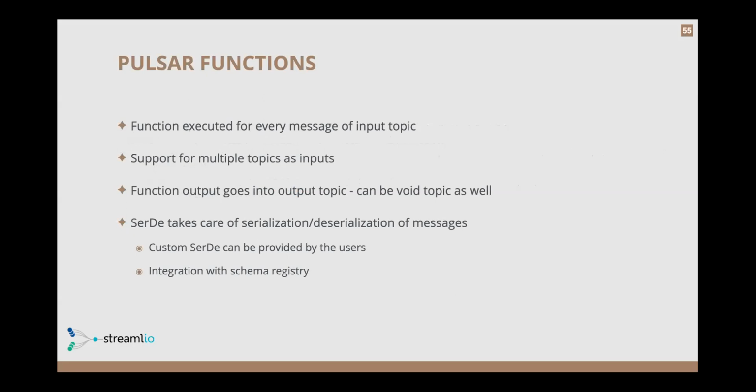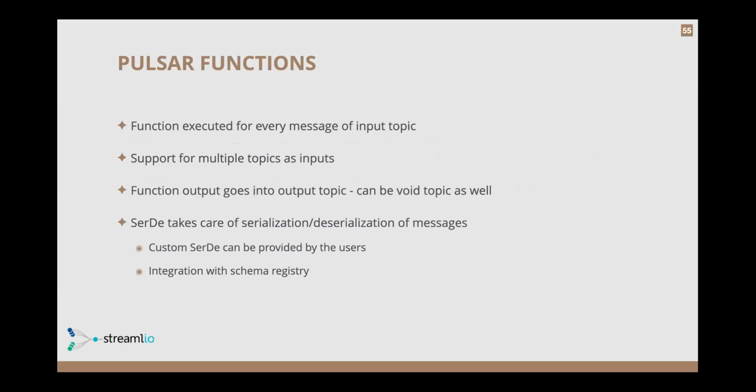So let's get into some of the semantics here. The function is executed, as I mentioned, on every message that gets in the topics individually. You can also have multiple input topics, so you can use a regex and scan multiple topics, like for all inbound emails, etc. The function output automatically goes to an output topic as well.